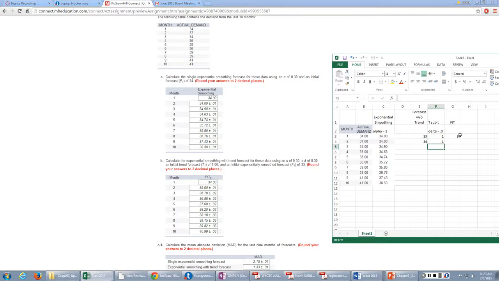Okay, and so then our forecast is going to be 34 plus 1, which is going to be 35. And again, let's make all of these be 2 decimal points.